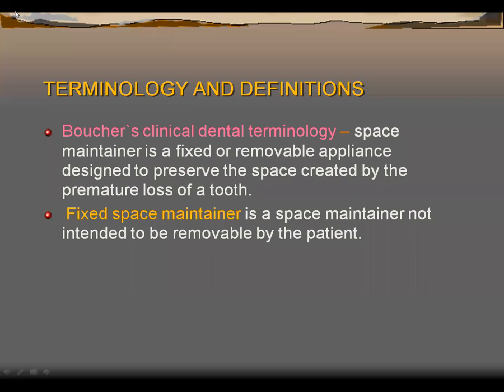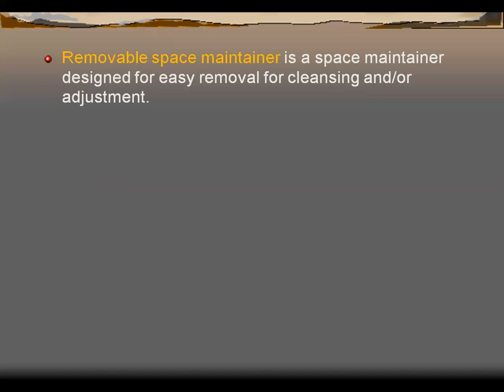A removable space maintainer is a space maintainer designed for easy removal, for cleansing and for adjustment. So the removable space maintainer is designed in such a way that it can be easily removed by the patient for cleansing or adjustment.